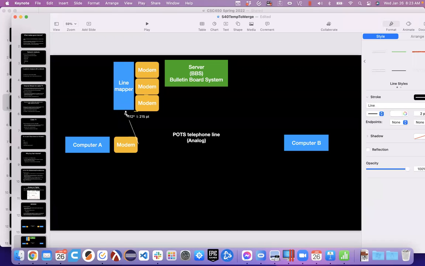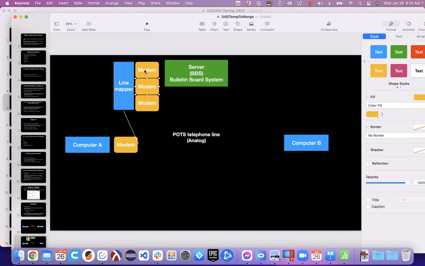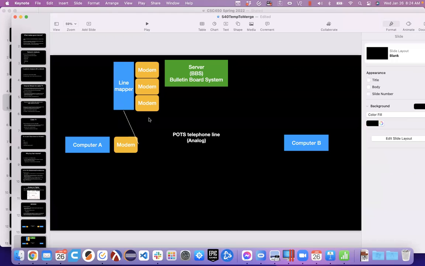So you would dial in to this line mapper, which would then route your modem to whichever of their modems is currently not busy. They might have 30 modems, let's say, but the problem is if 30 people were connected all at the same time, there was no modem to take your call, because the two modems needed to be in constant contact with each other in order for this to work.